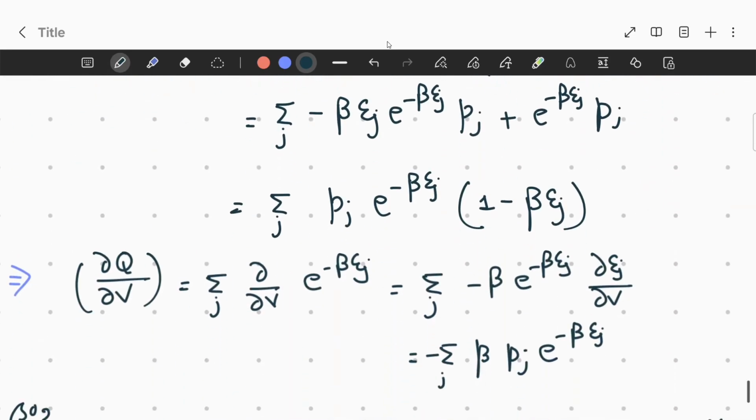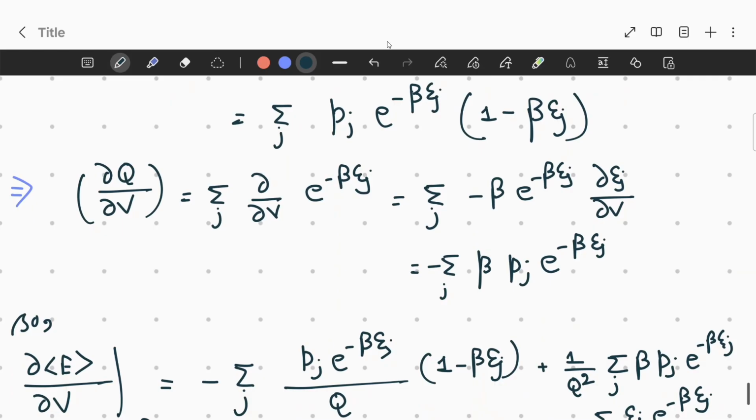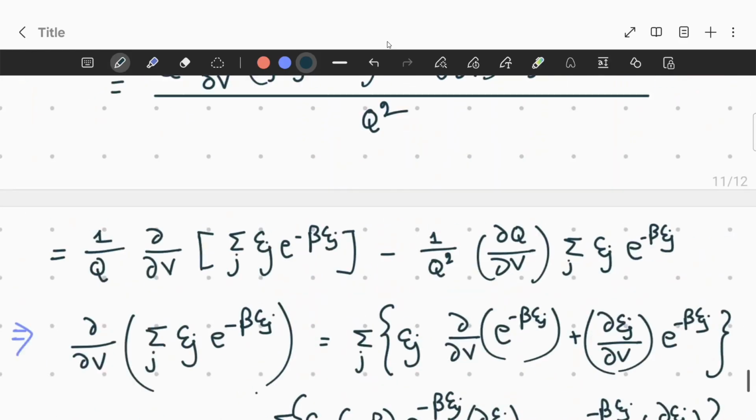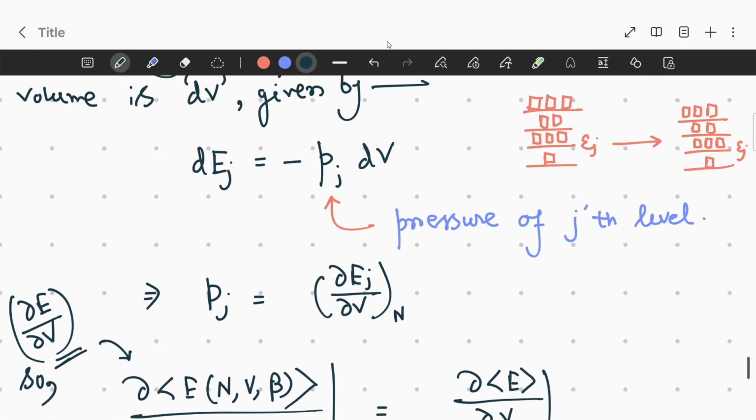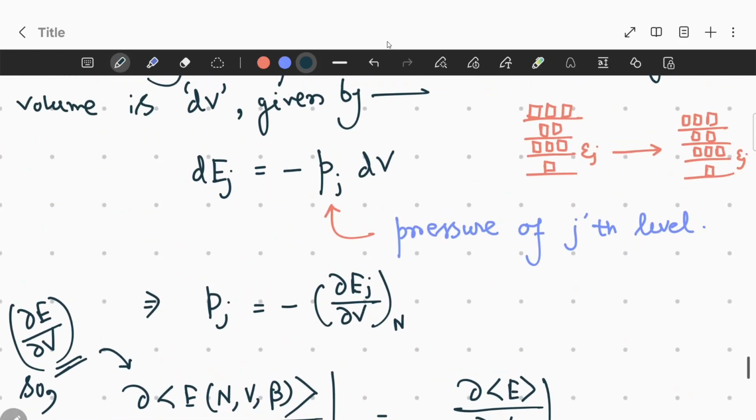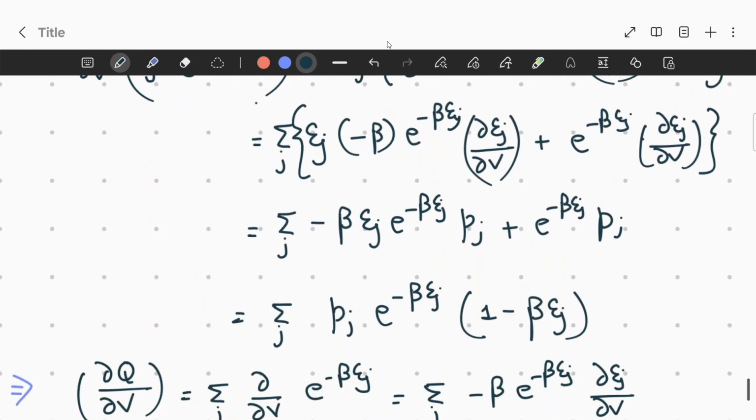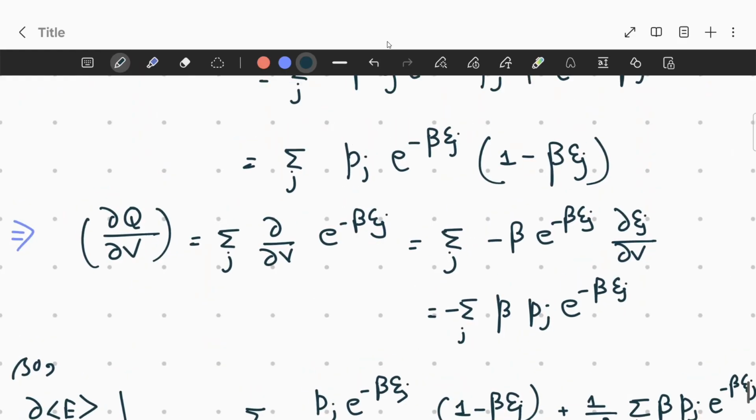It is minus, but one minus we are getting from here as well. Okay, no. Okay, there is a minus sign. Yes, we made that mistake. That's why. Okay, there is a minus sign.